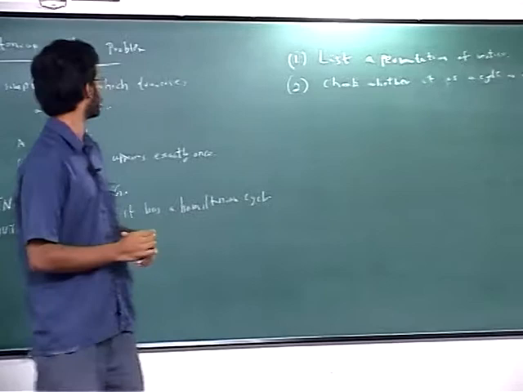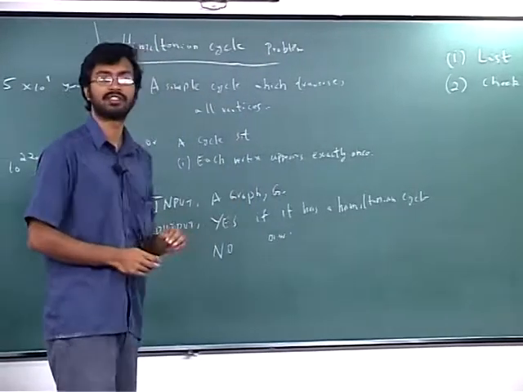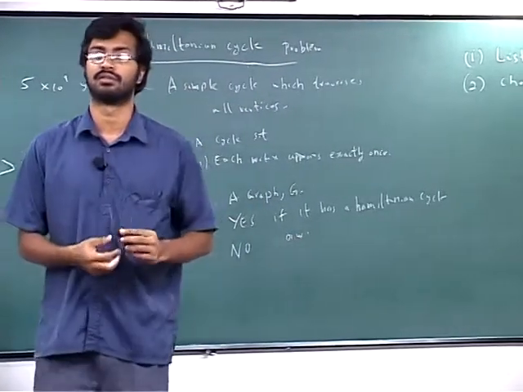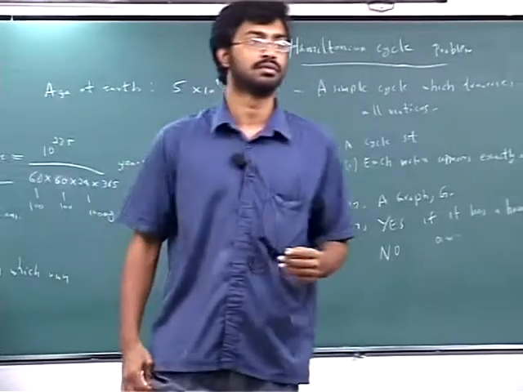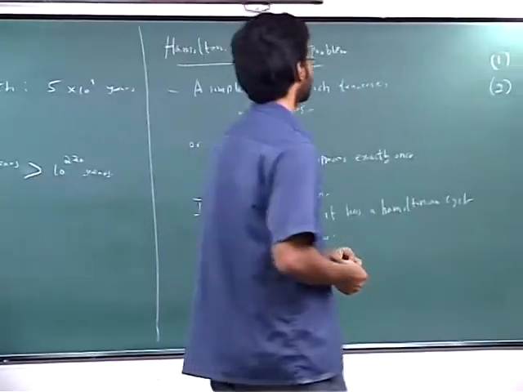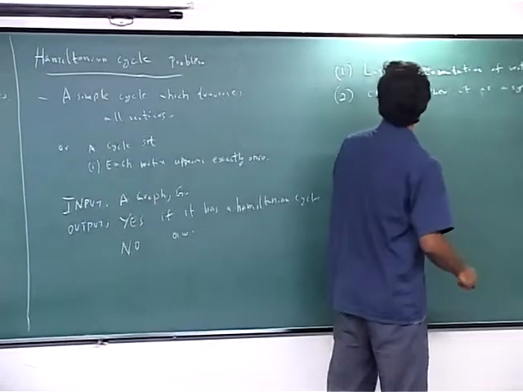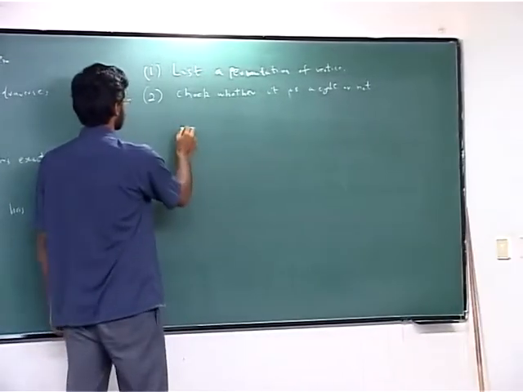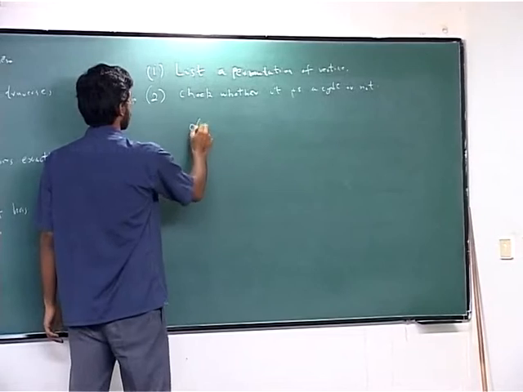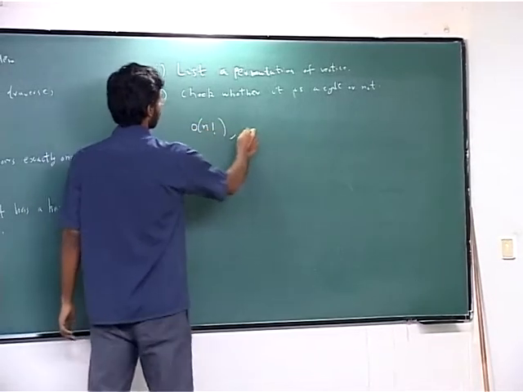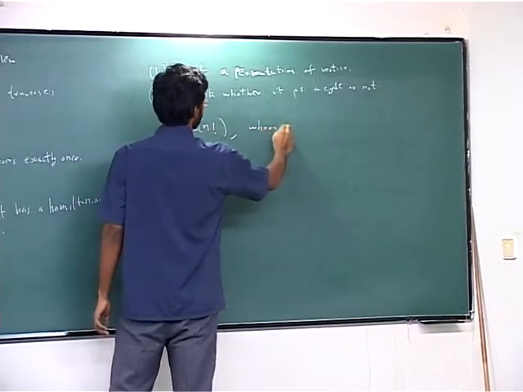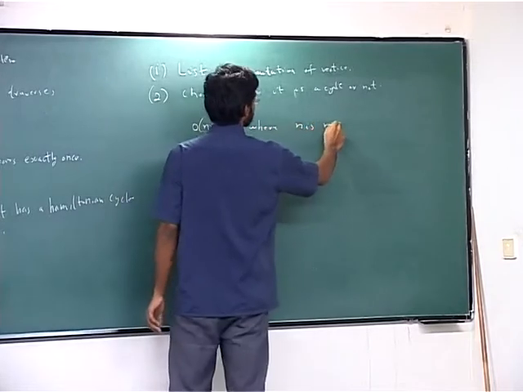So, how many steps does this algorithm have? N factorial. Something like n into n factorial. So let's put it as order of n factorial, where n is the number of vertices.